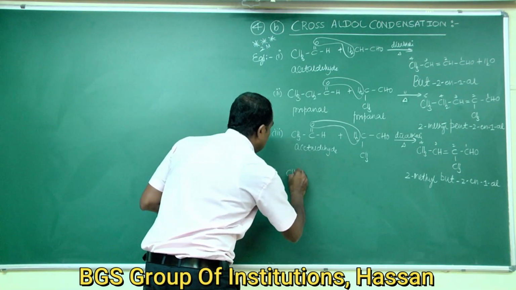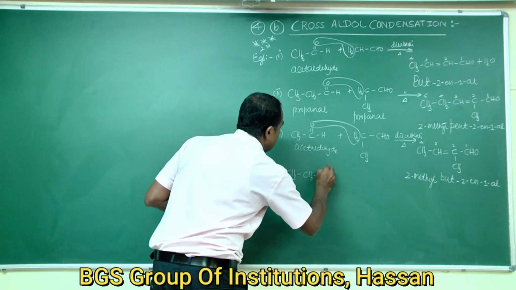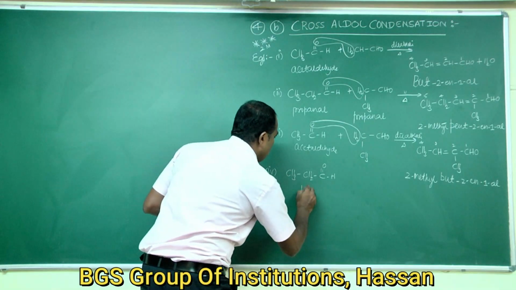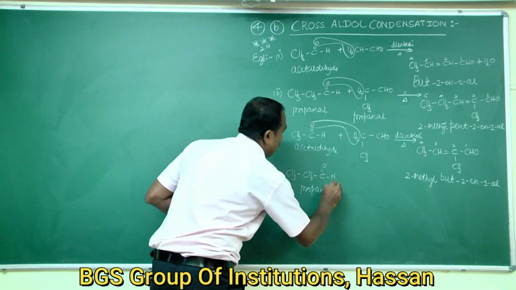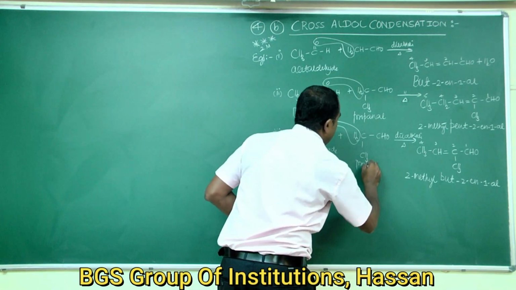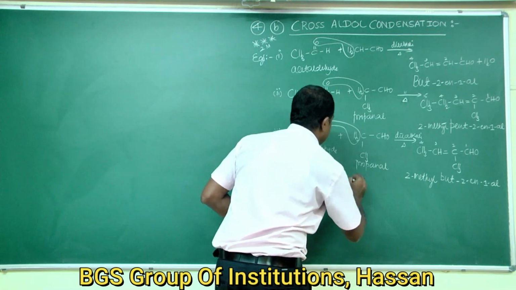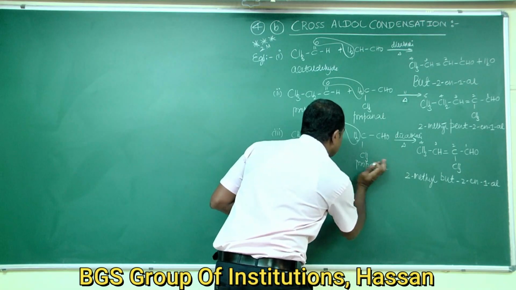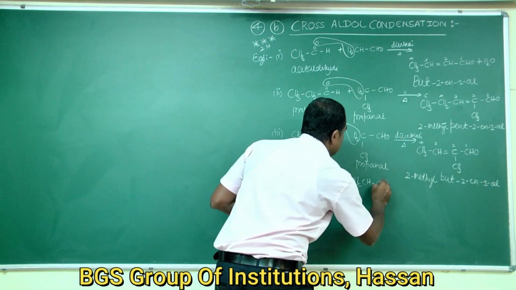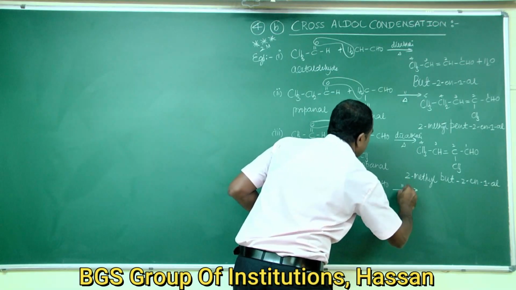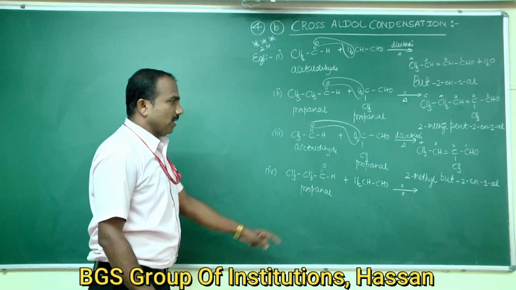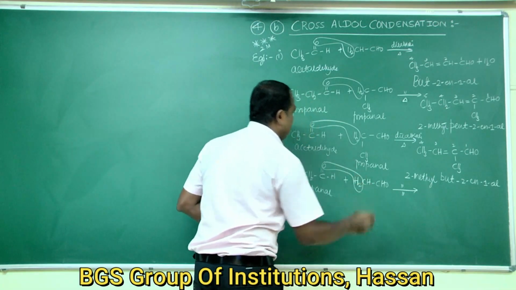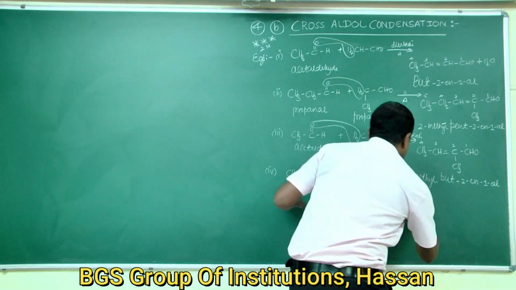And the fourth example is CH3CH2C double bond O single bond H. This is propanal. When propanal is treated with acetaldehyde, CH3CHO, in presence of dilute alkali sodium hydroxide, and heated, there is elimination of a water molecule to form the cross aldol.